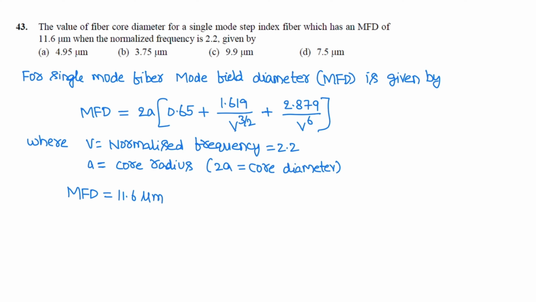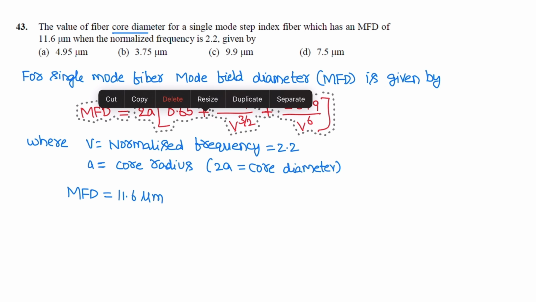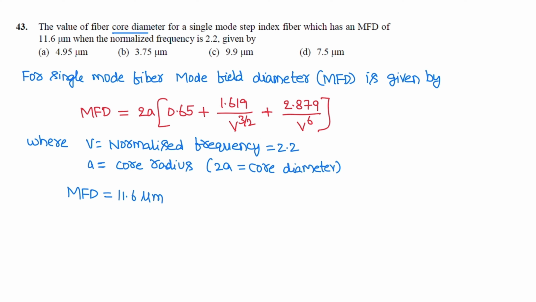So the formula for mode field diameter for single mode fiber is 2a into 0.65 plus 1.619 divided by V power 3 by 2 plus 2.879 by V power 6, where V is normalized frequency whose value given in the question is 2.2.